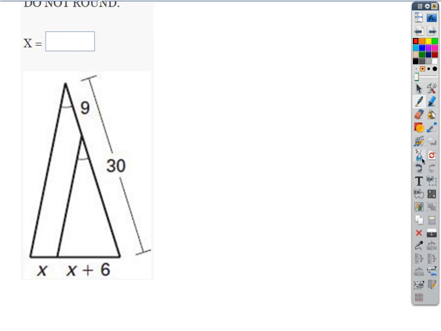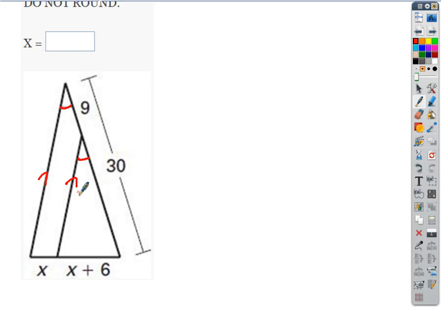In order to see this one, if these two angles are both congruent, what does that tell us about those two segments? Parallel. They're parallel. So if those are parallel, now what? What's happening?